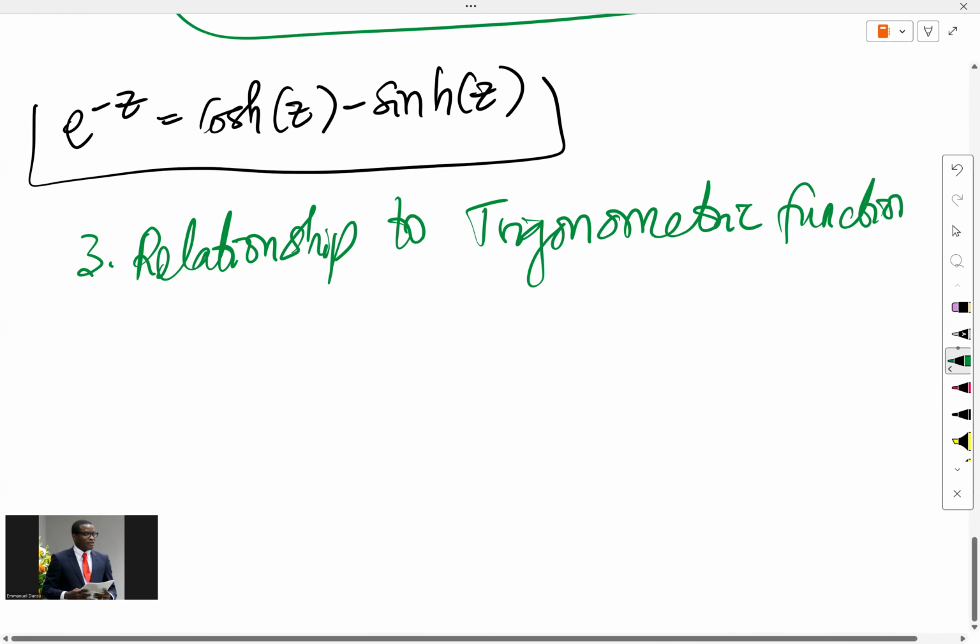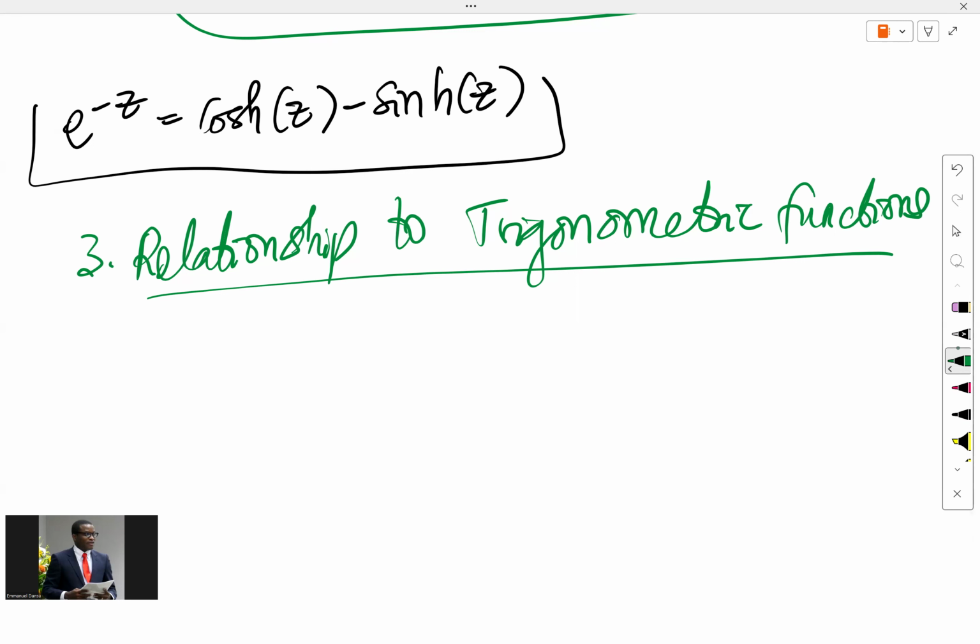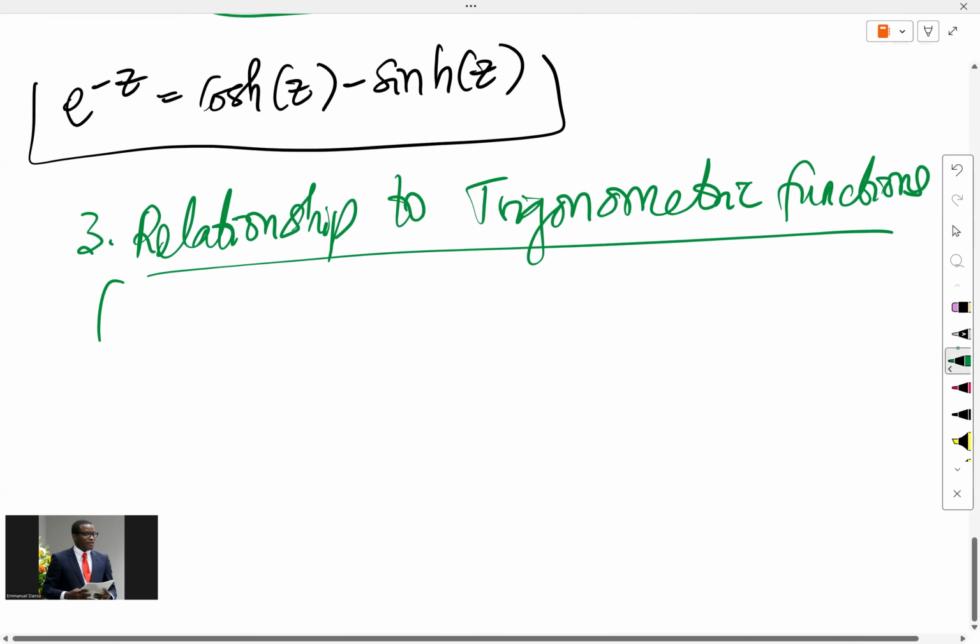We saw that the hyperbolic functions that take purely complex arguments relate directly to trigonometric functions, since we saw that sine ix is the same thing as i sine x, and cos ix is the same thing as cos x.